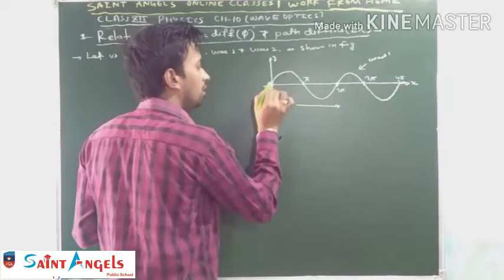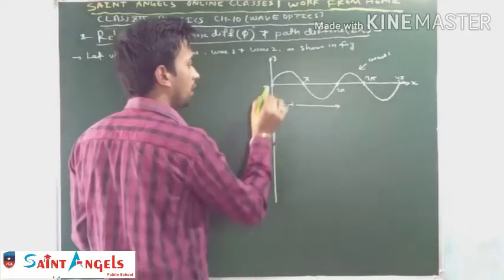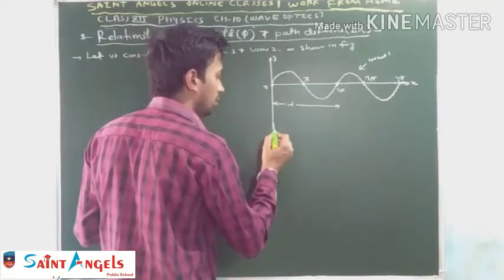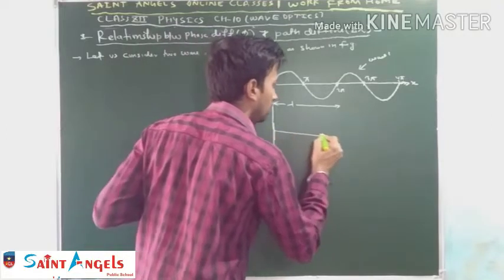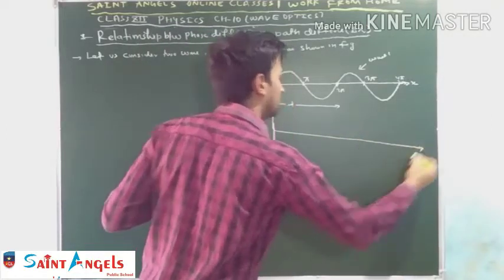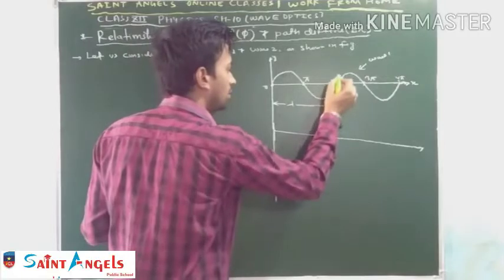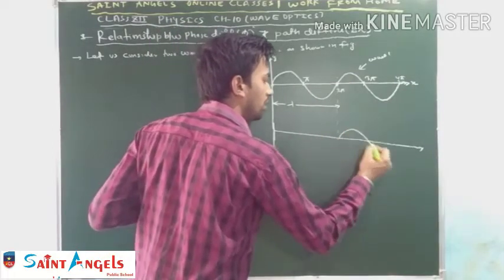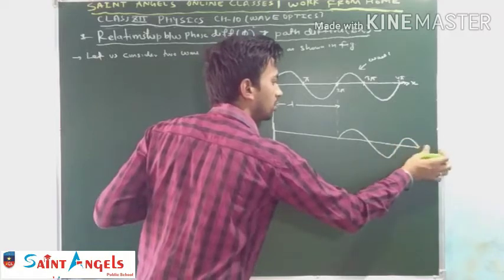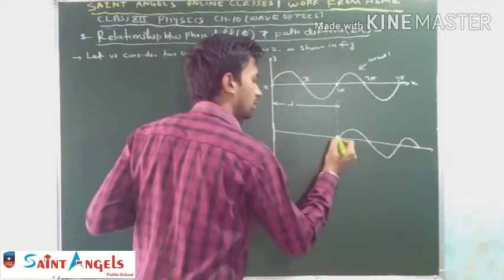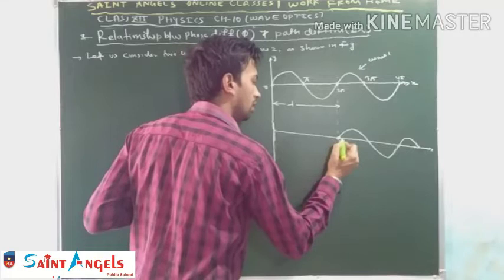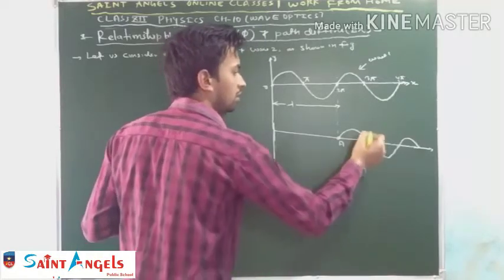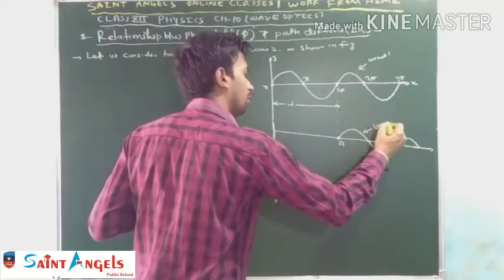The first wave starts to oscillate from point O or origin. Consider the second wave, which starts to oscillate from this point. Consider point A. This is the second wave.